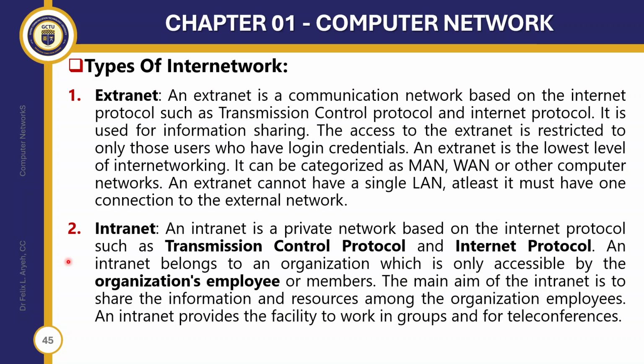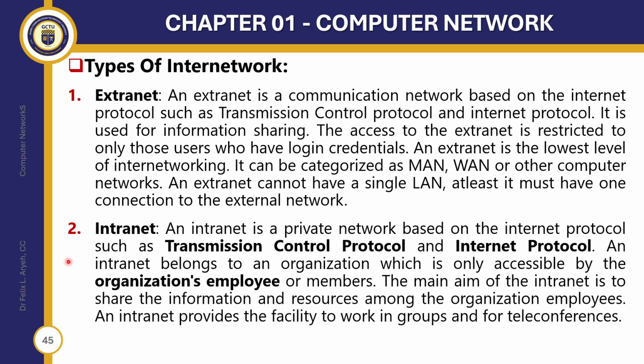There are two main types: the intranet and the extranet. An intranet is a private network based on the Internet Protocol, such as TCP/IP, that is the Transmission Control Protocol and IP.